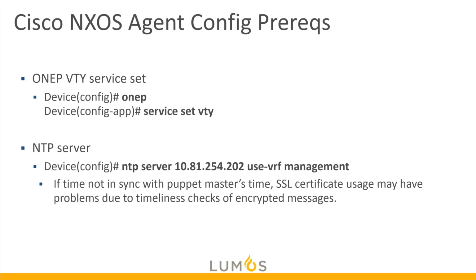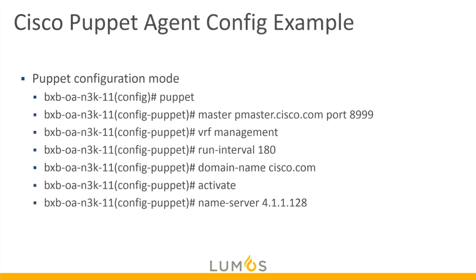Otherwise, if we're too far off in drift from the Puppet master, SSL certificate usage could have a lot of problems, especially if multiple years off. But you always want to have NTP running in any network environment, especially a data center. That should probably go without saying, but it is critical when we're dealing with any sort of certificates and running Puppet.